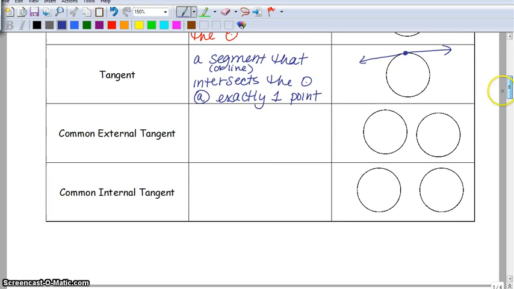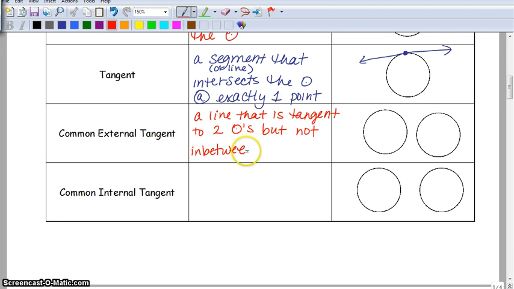A common external tangent. A common external tangent is a line that is tangent to two circles. And then I'm just going to put, but not in between the two circles. So based on the picture that's in the grid over here on the right, the two circles, I don't want one in between.